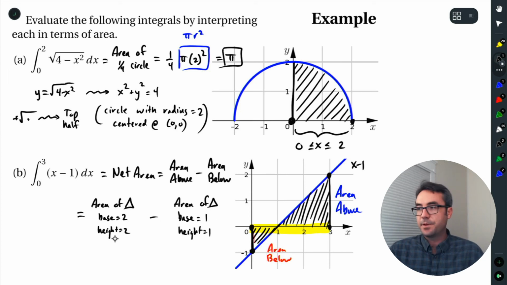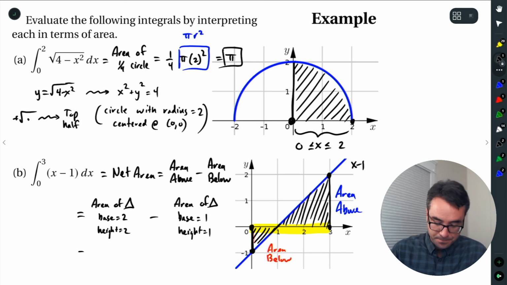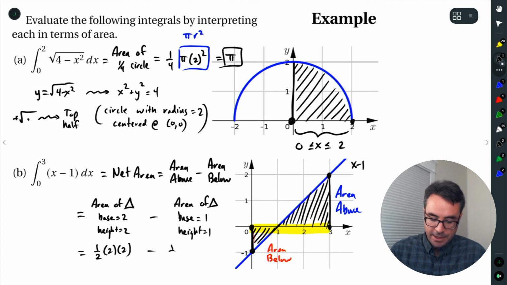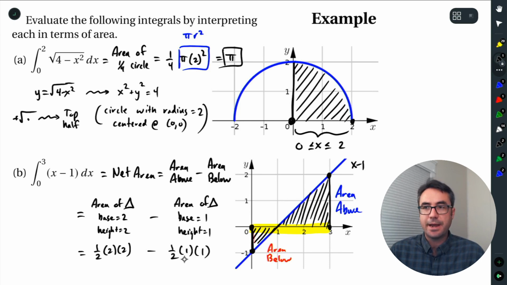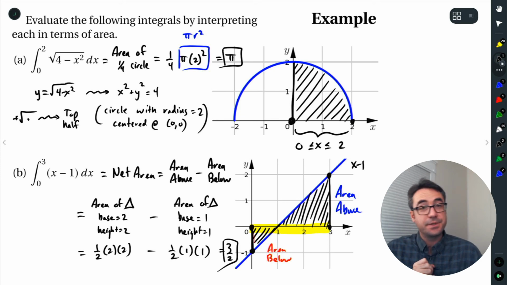So the formula for the area of a triangle is 1/2 base times height. So 1/2 times 2 times 2 minus 1/2 times 1 times 1. And so we end up with 2 minus 1/2, which is 3/2. So that would be the value for this definite integral.